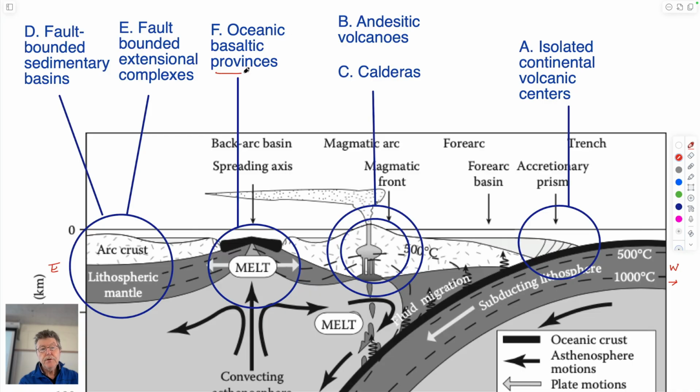Oceanic basaltic provinces would be constructive plate boundaries such as Iceland, where new crust is being formed, and also fault-bounded extensional complexes would be where crust is being pulled apart, and as a result you'd have grabens being dropped on boundary faults.